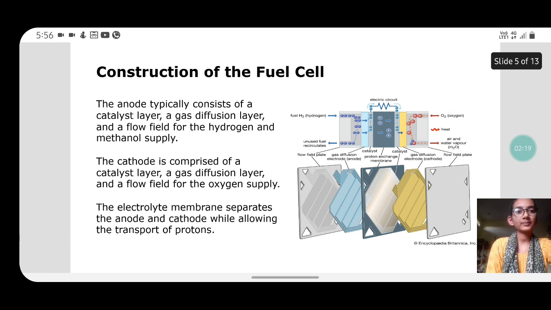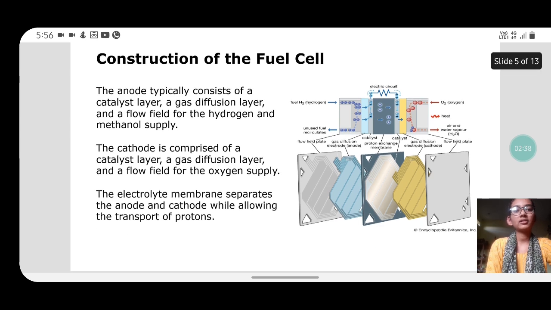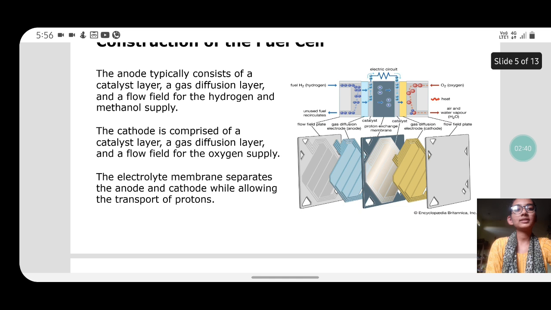Construction of fuel cell. The anode typically consists of a catalyst layer, a gas diffusion layer and a flow field for the hydrogen and methanol supply. The cathode is comprised of a catalyst layer, a gas diffusion layer and a flow field for oxygen supply.